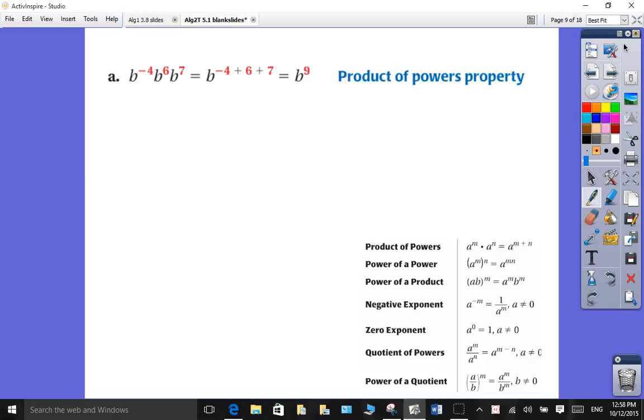Product of powers means as long as the base is the same, add the exponents. Negative 4 plus 6 plus 7.